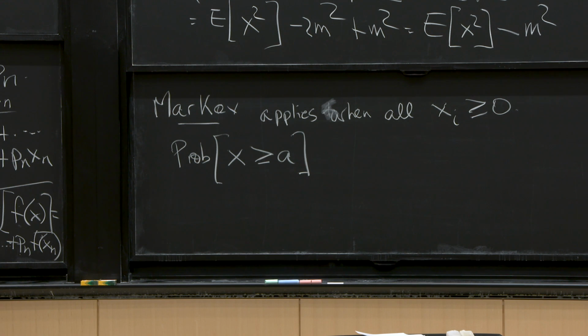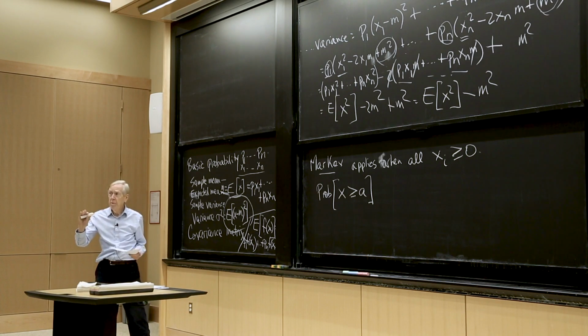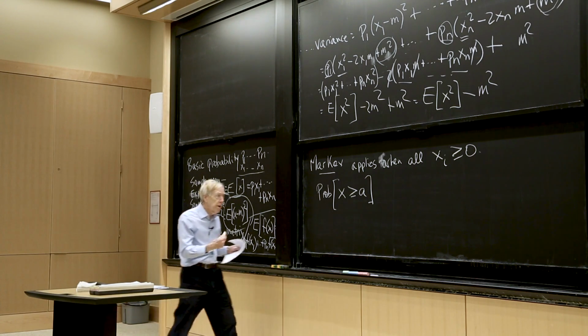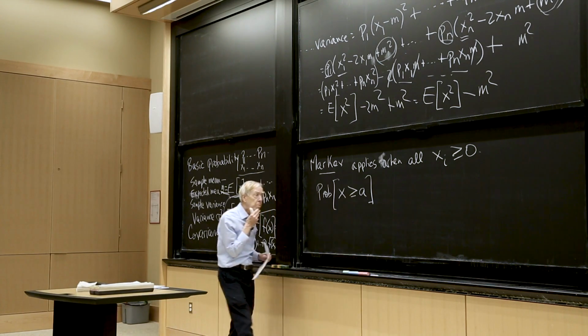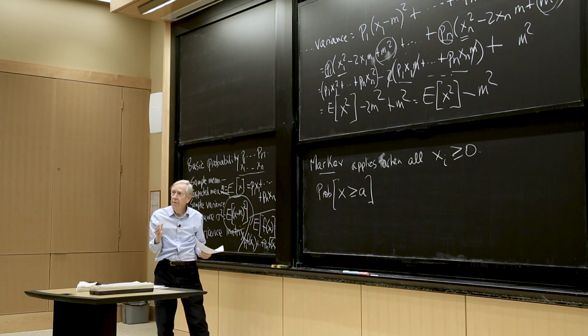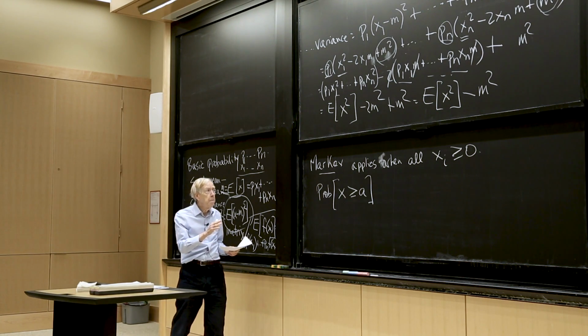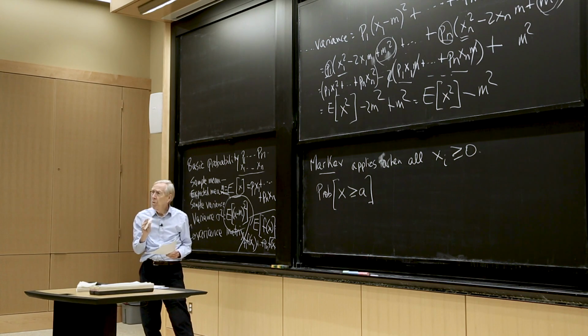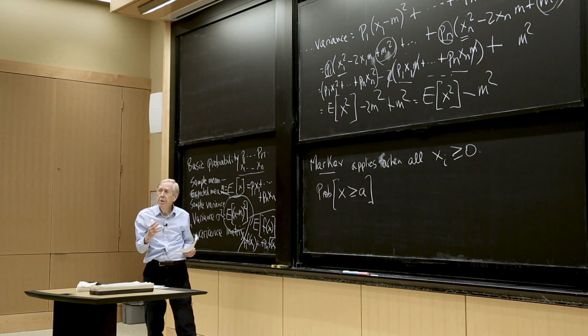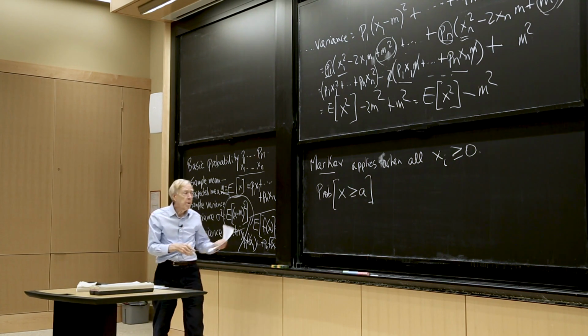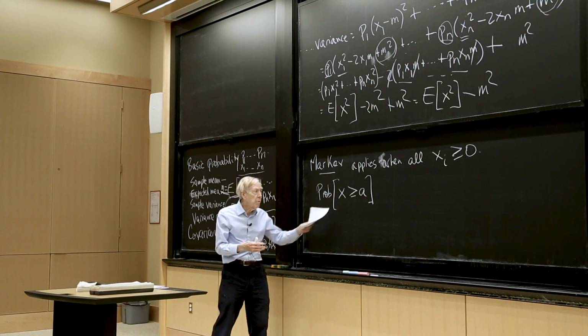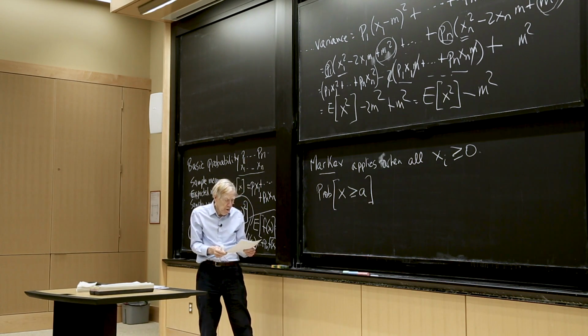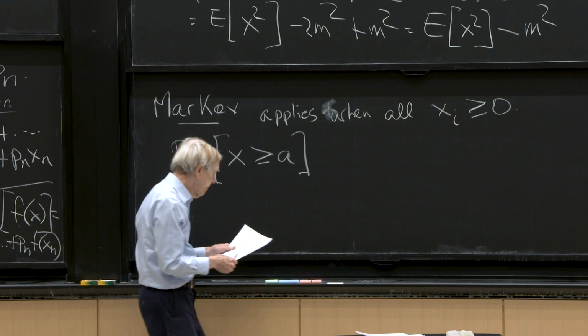This is certainly a number between 0 and 1. That number is going to get smaller as a increases, because we're going to be asking for more. Suppose I take a to be twice the mean. Can I estimate what that probability could be? And that's what Markov has done.